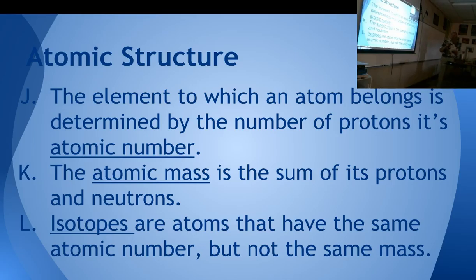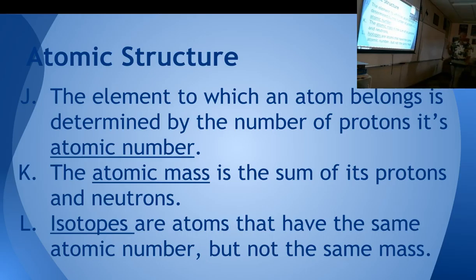That'll determine other properties of that atom, but if it has 6 protons, it's carbon. And so everything that has 6 protons is carbon. And if it were to gain or lose a proton, it wouldn't be a carbon atom with 7 protons or a carbon atom with 5 protons. It would be something different, right?